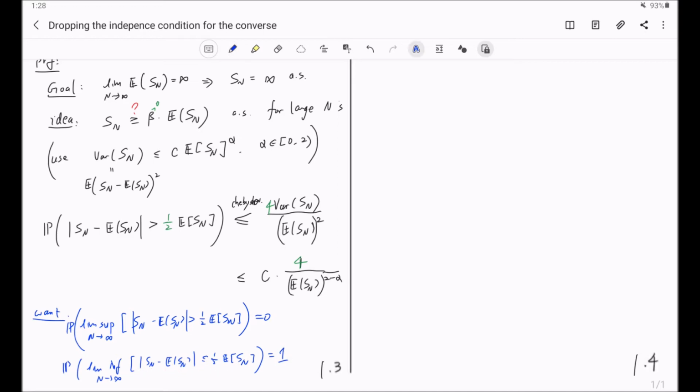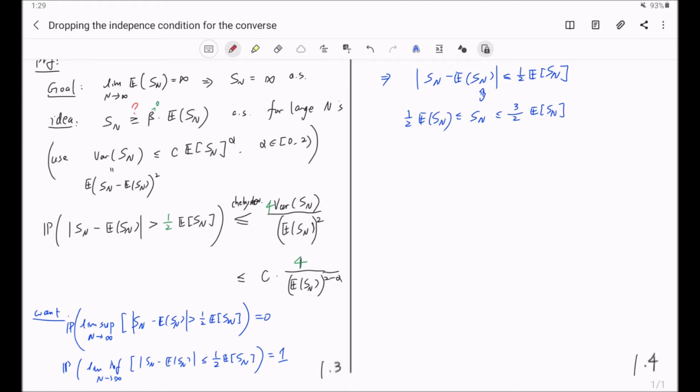If this event happens almost surely, you know that if you break down this absolute value, this is equivalent to Sn less than or equal to 3/2 of the mean, but greater or equal to half of this mean.